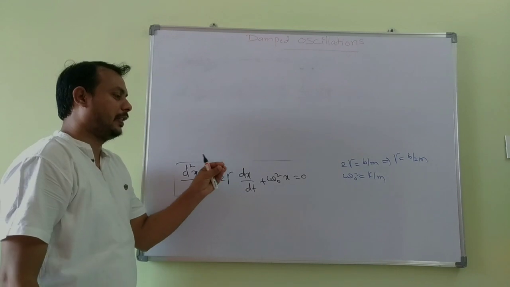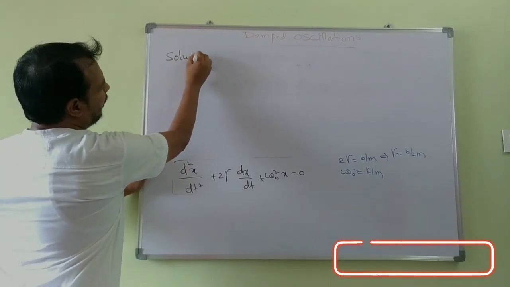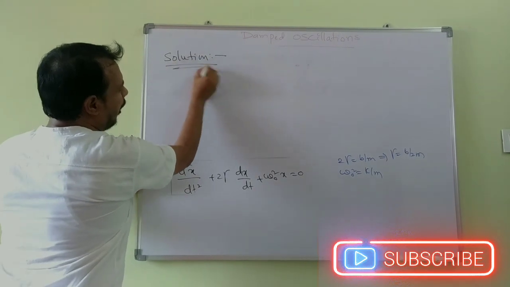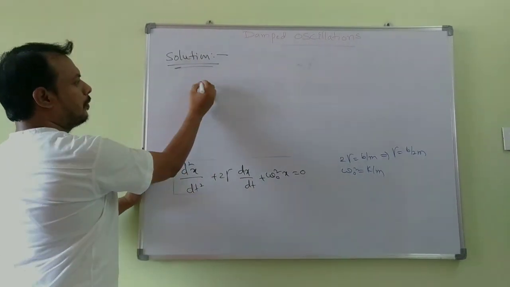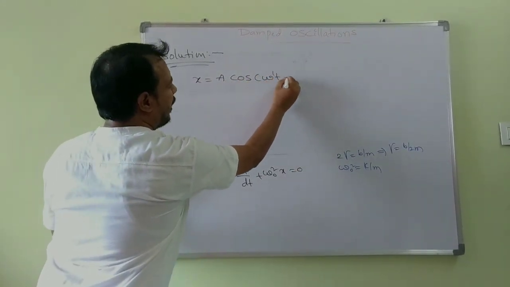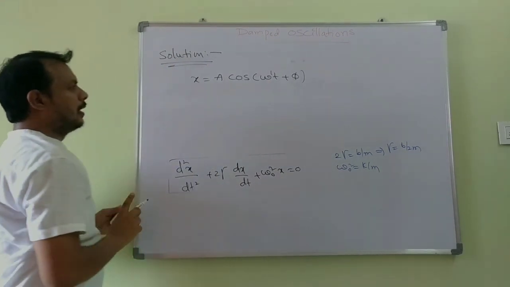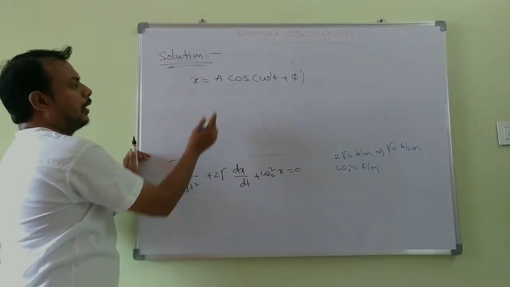Now what is the solution of this equation? I am writing here the solution of this second order differential equation. The solution becomes x equals A cos of omega dash t plus phi. This is the solution of the given differential form. What is A?